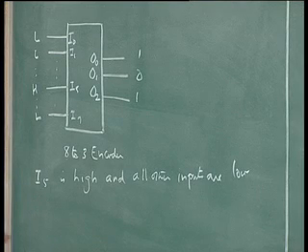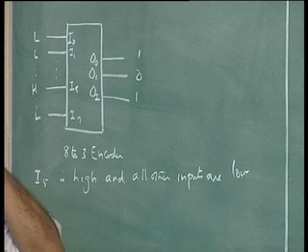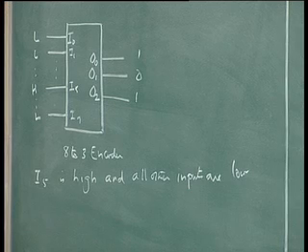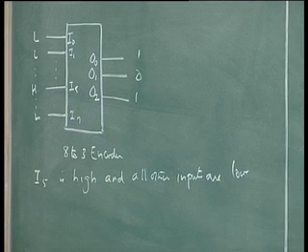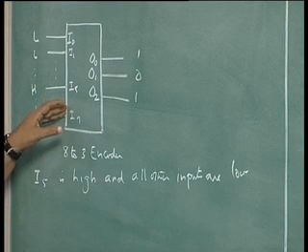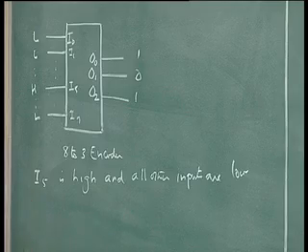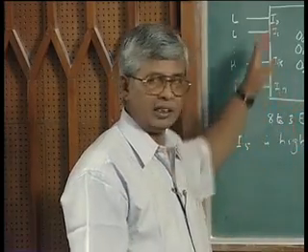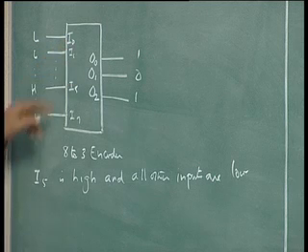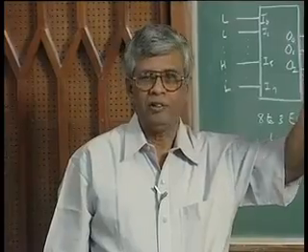Now, the question is, as I said, if more than one input is high, what will happen to the output? We can have a procedure or a rule for this. One scheme is called priority encoding. I can say the input with the highest binary value would be recognized, or the input with the lowest binary value recognized. So, you can say priority goes from I0 to I7, that means if I0 and I1 are both active, I0 will be coded, I1 will be ignored.